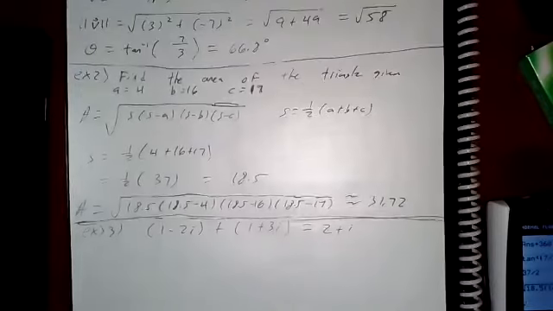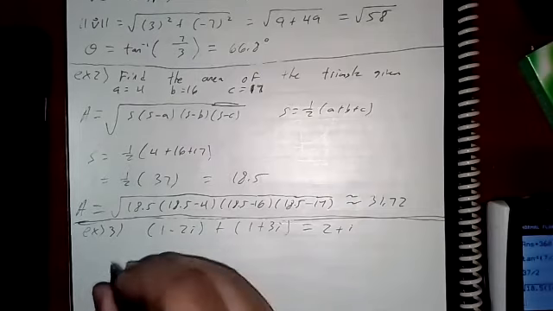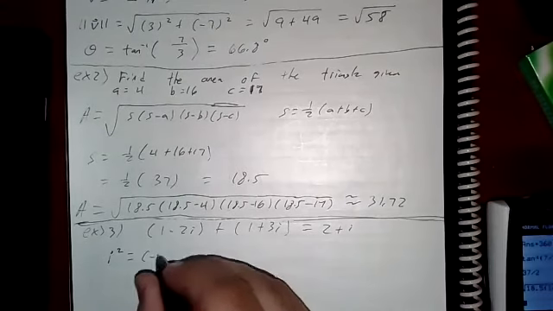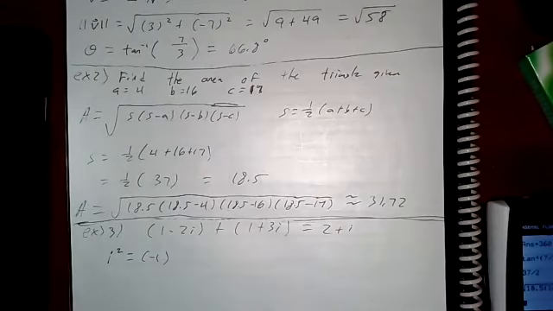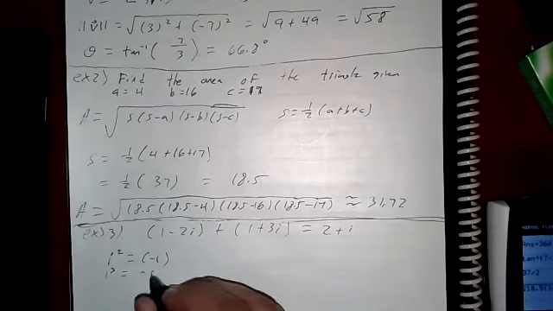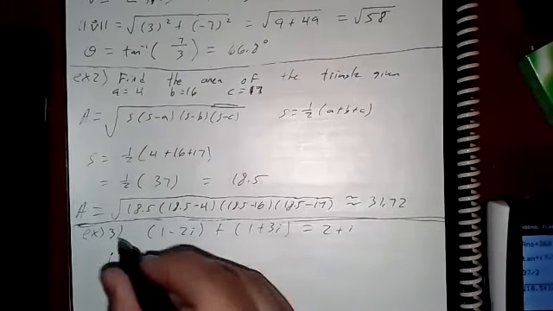That would be addition, and subtraction you would subtract. Just know that when you square an i, that becomes negative 1. i cubed would be negative i. i to the 4th would be 1. And then it repeats itself forever.